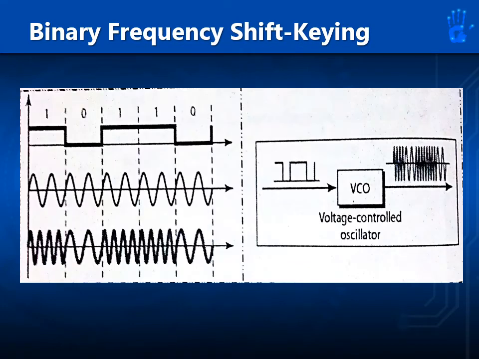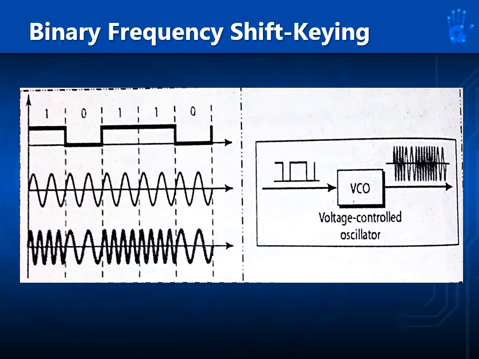Let's take a look at how the BPSK is generated. In the first waveform, we have our digital signal, 10110. It will pass through a voltage-controlled oscillator, a VCO, which is a simple circuit in which the frequency of the generated output is dependent upon the voltage of its input.